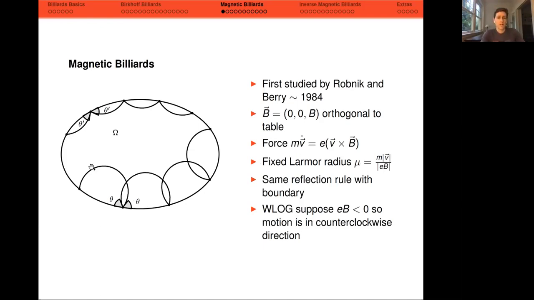For these magnetic billiards, we've got two examples inside of an ellipse here, some with smaller angles and some with larger angles. We can see that it still follows the same angle of incidence as angle of reflection by drawing the tangent at the point of impact.